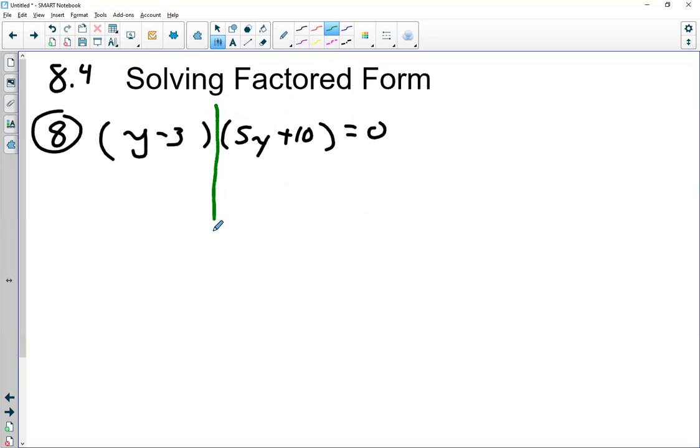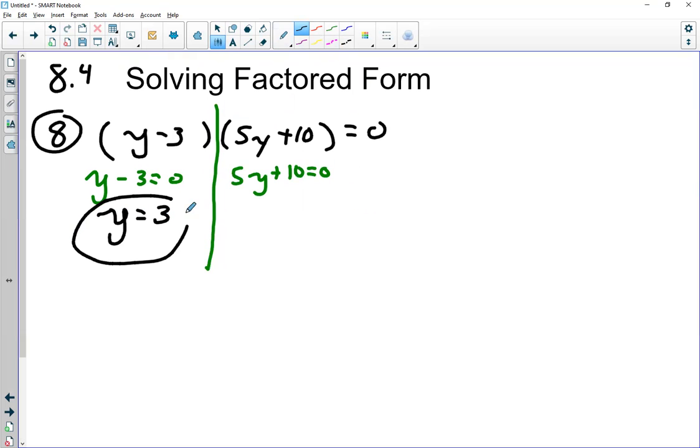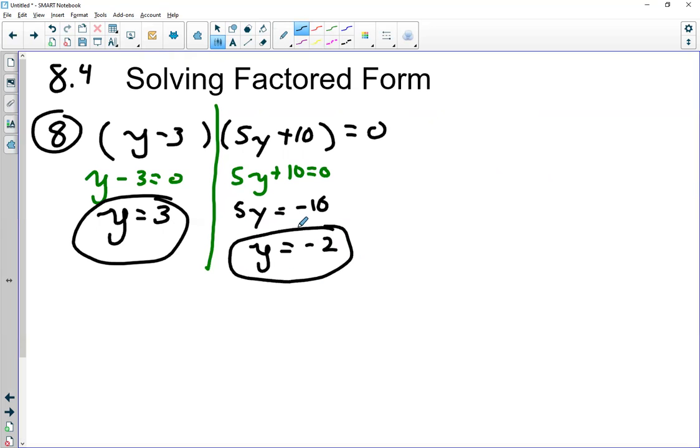So I'm going to split this and solve for each one separately: y minus 3 equals 0 and 5y plus 10 equals 0. In the first, y minus 3 equals 0, y equals positive 3. You just add 3 on both sides. For the other one, you subtract 10 on both sides, so 5y equals negative 10. Then divide by 5, which results in y equals negative 2. So remember, when you have your parentheses like this, you split it and you solve it.